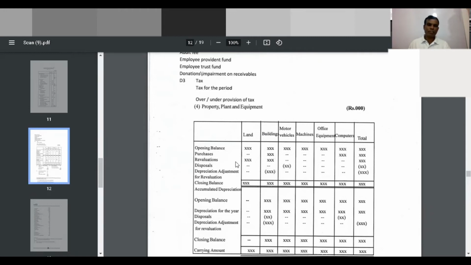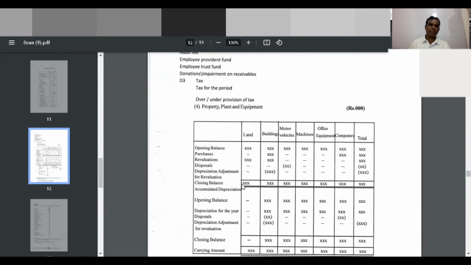If any revaluation is there during the period, it should be added. Understand? If there is any disposal or sale, it should be recorded here. Depreciation adjustments should be recorded here, for depreciation adjustment for revaluation.